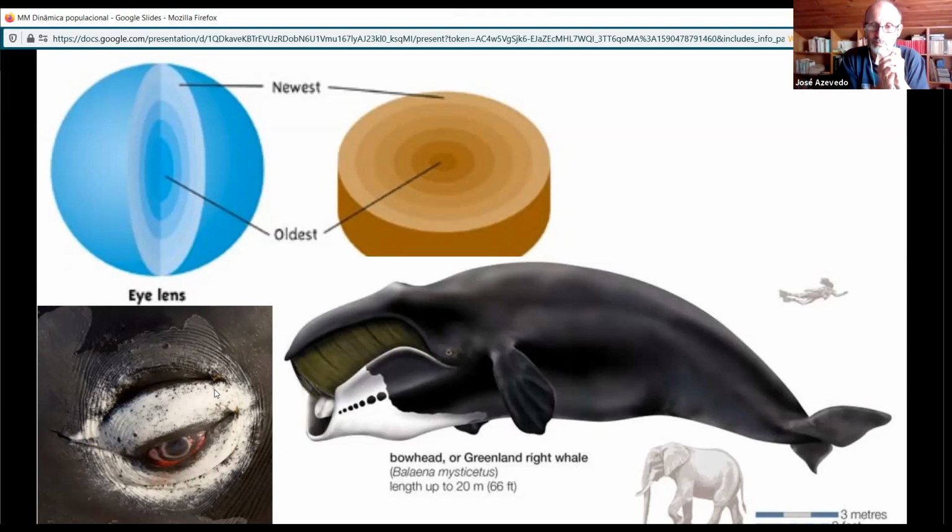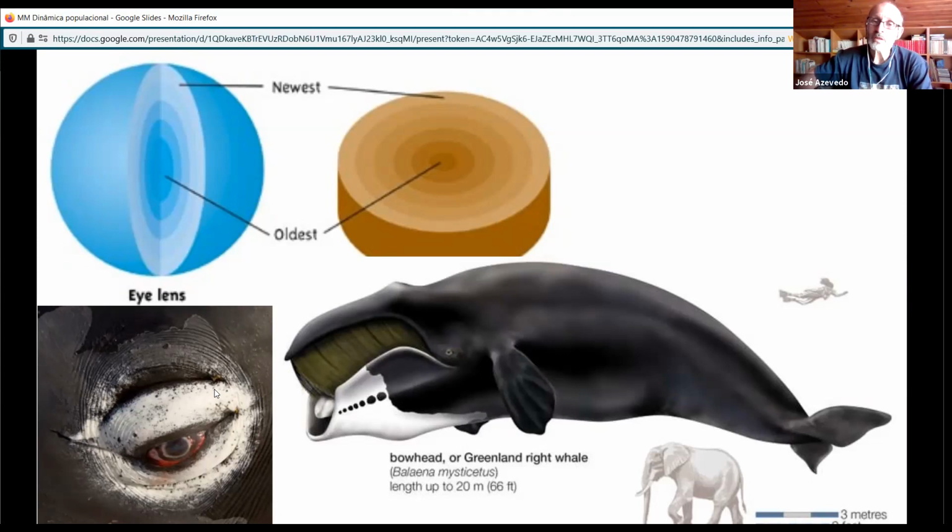The lens of the eye is made of protein, and it grows by accretion, so you have rings. And what they do is they go to the inner eye lens, inner circle, and extract proteins there and measure the racemization of aspartic acid, which is one particular amino acid that racemizes very quickly. So basically from this, they have been able to determine that bowhead whales can live up to 100 years.